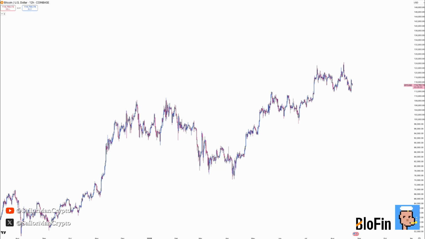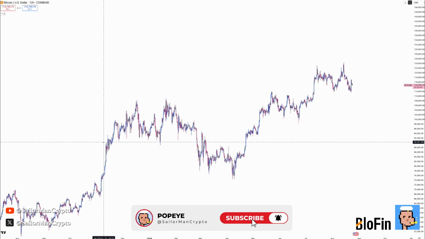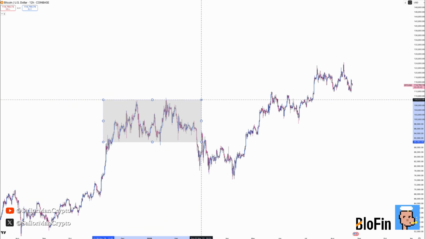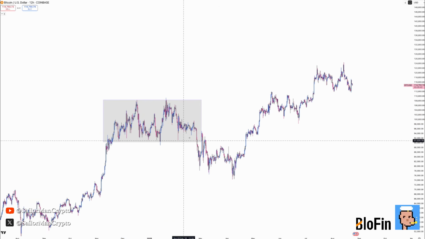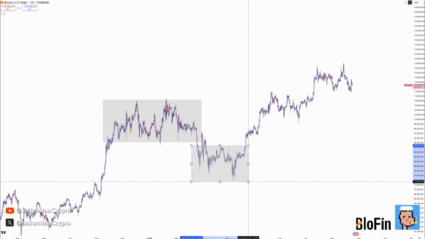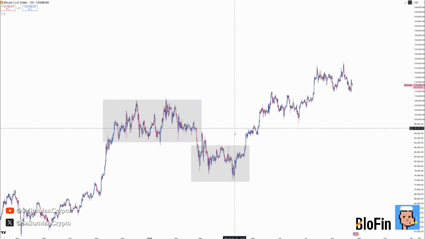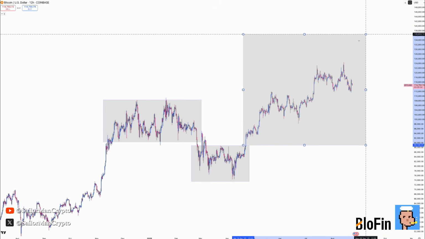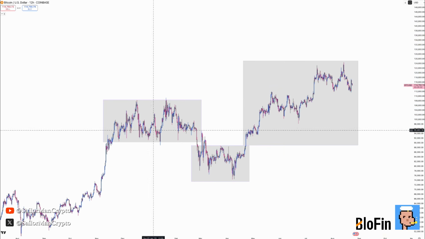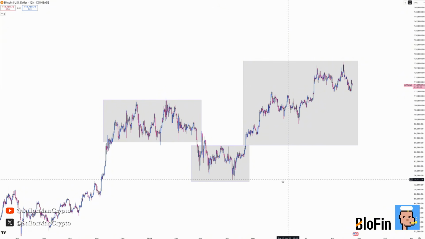So if you want to see it in an ICT schematic, this would look something like this. Accumulation, manipulation, a very simple power of three, they call it, or again, accumulation, manipulation, distribution. So you understand the concept of what is happening here.